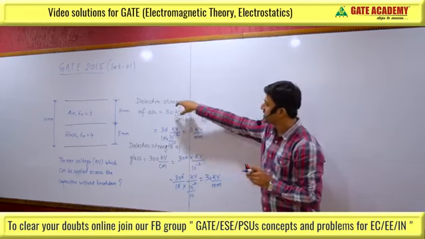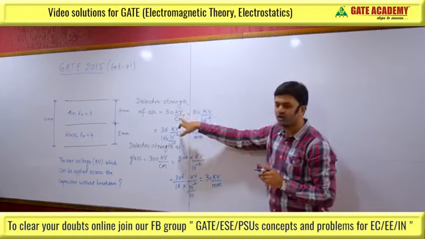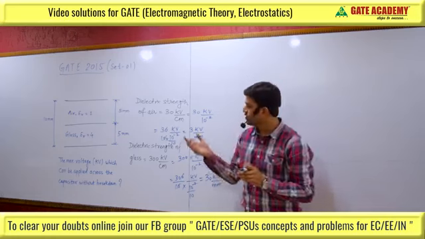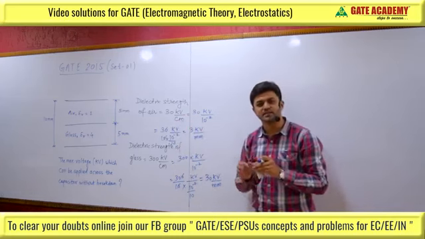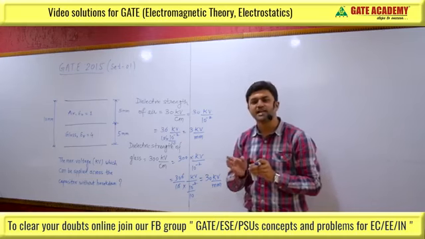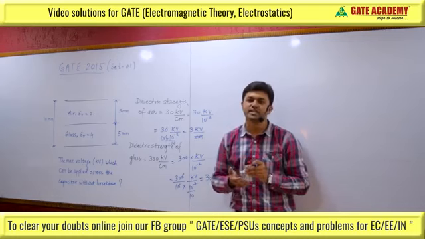So this is nothing but an electric field, because as we can see from the unit also, it is given in the form of volt per centimeter. So it is the unit of electric field. So dielectric strength is nothing but the maximum electric field that a dielectric can withstand without breakdown.